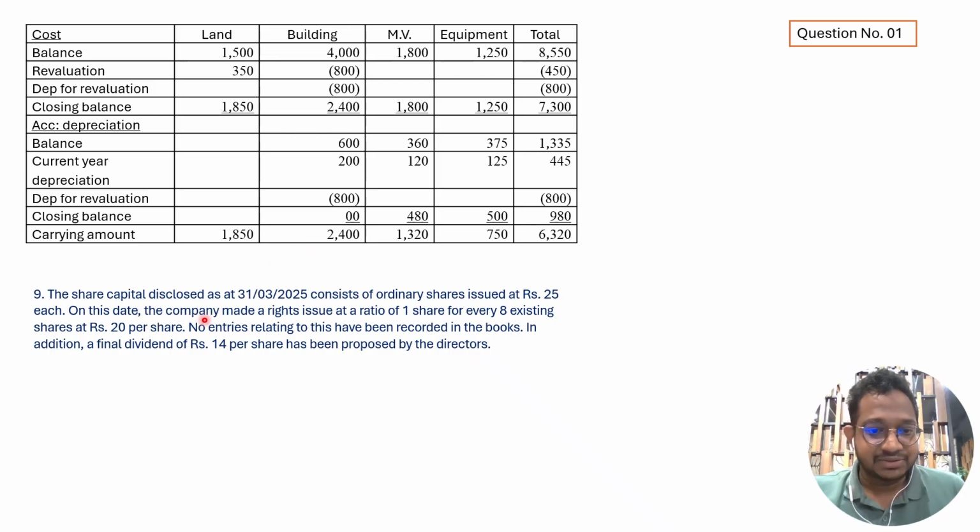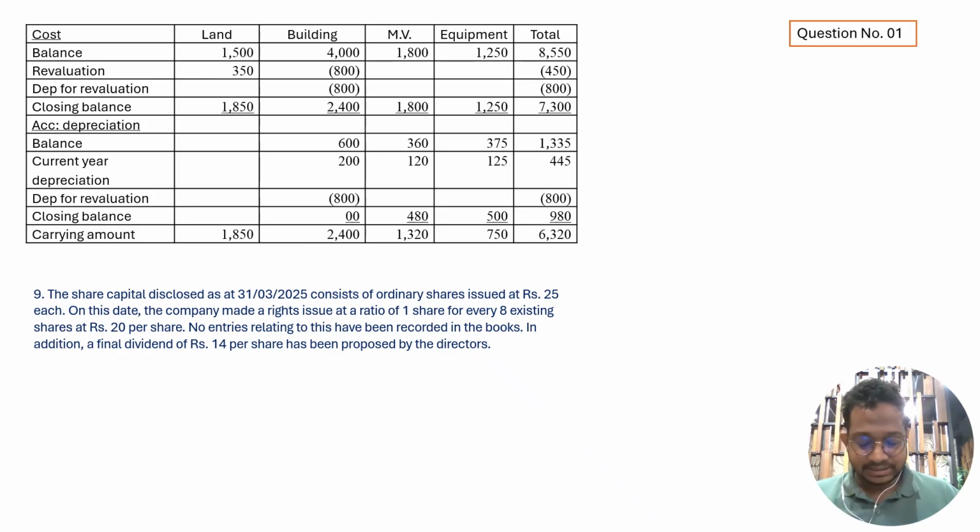The share capital disclosed as at 1st of April 2024. For the stated capital, it consists of ordinary shares issued at 25 each. So the ordinary shares in the trial balance, the value is 8 million, and 8 million divided by 25, you already issued 320,000 shares, right?